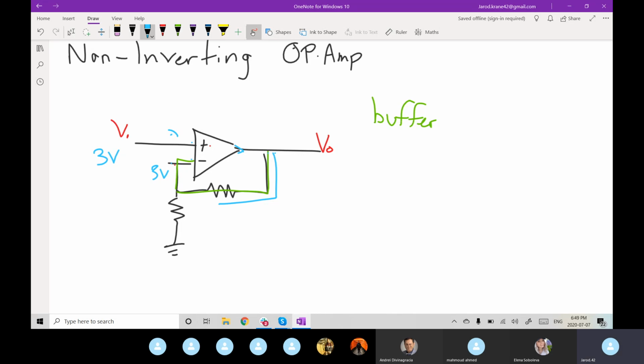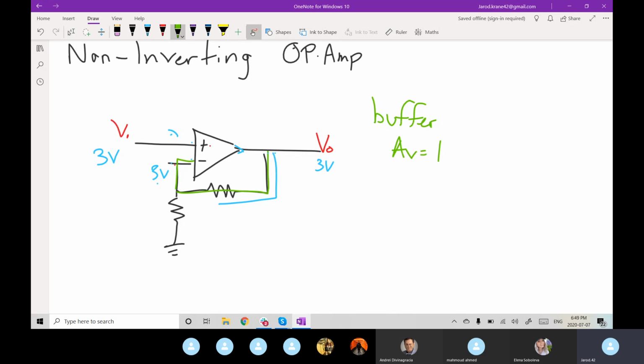So if we have 3 volts on our non-inverting pin, our output will also be 3 volts. What we get in this situation is a buffer with a gain of 1. Obviously nothing's going on. We just have 3 volts in, 3 volts out. Our voltage stays as it was.